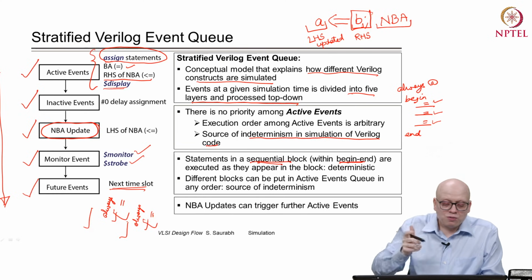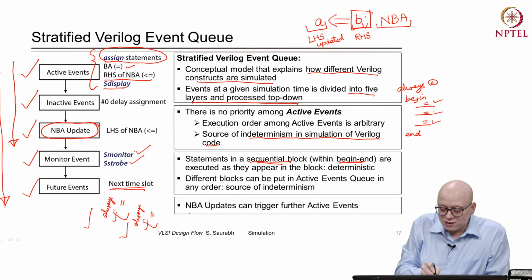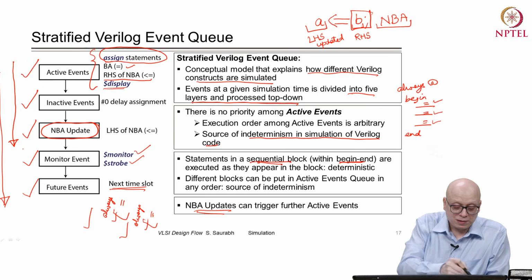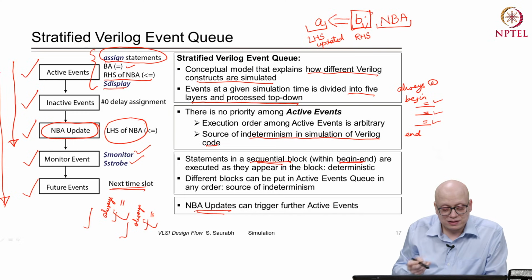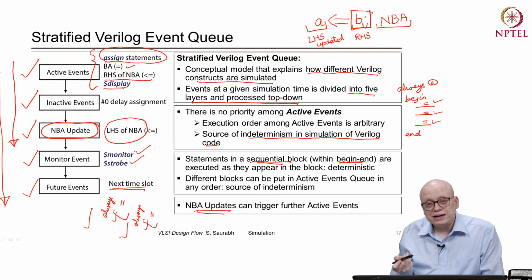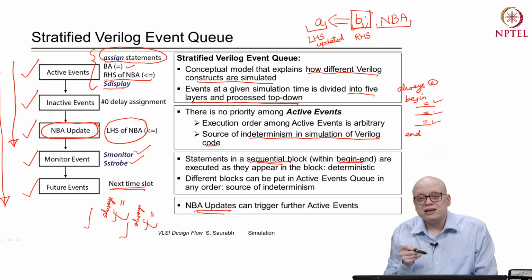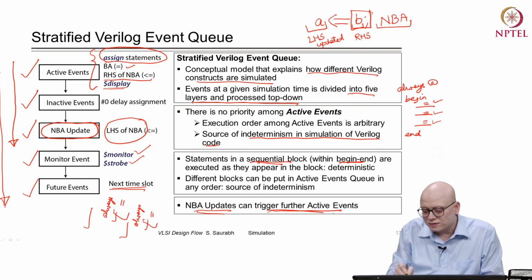Now, when the processing is going from active event to inactive event and NBA event, it may happen that when the NBA update happens, because the LHS of the non-blocking assignment is updated later in the stratified queue, the update made to the LHS can trigger further active events, right.